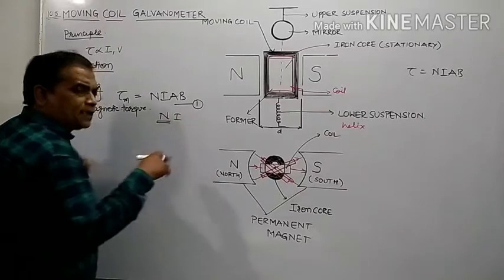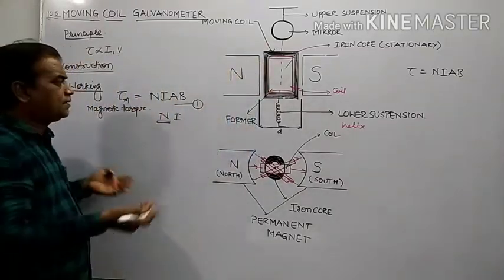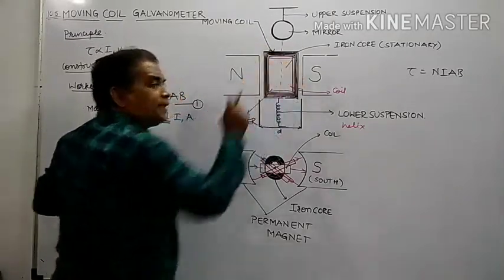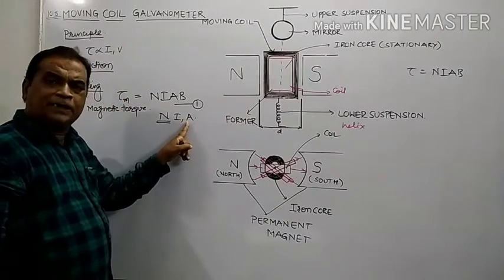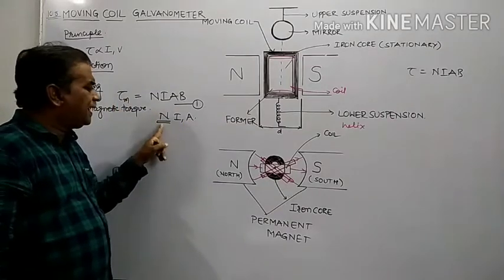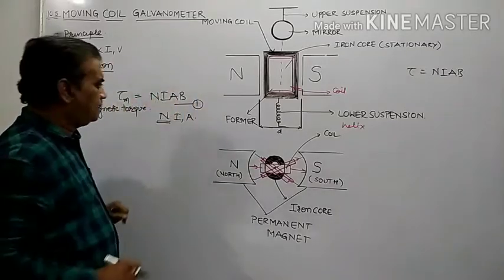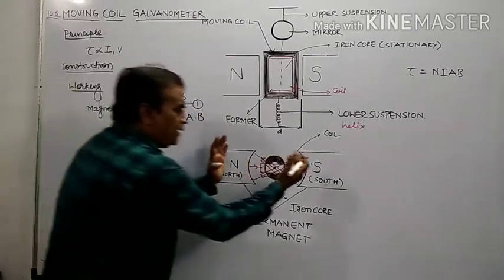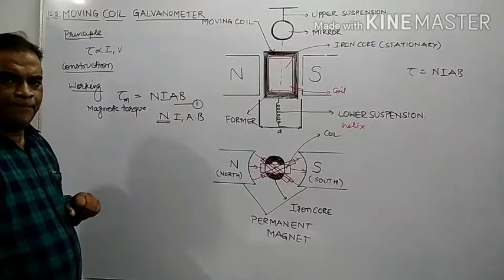I is the current flowing through the coil, which we want to measure. A is the area of each turn of the coil. So N into A becomes the total area of that flat coil. And B is the strength of the magnetic field in which that coil is suspended or pivoted.